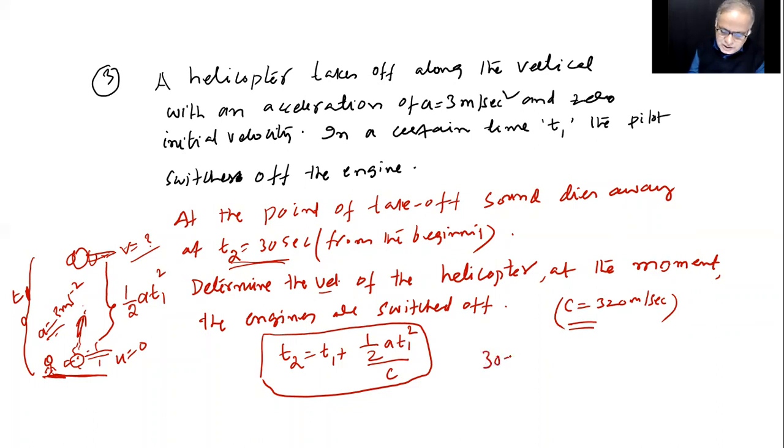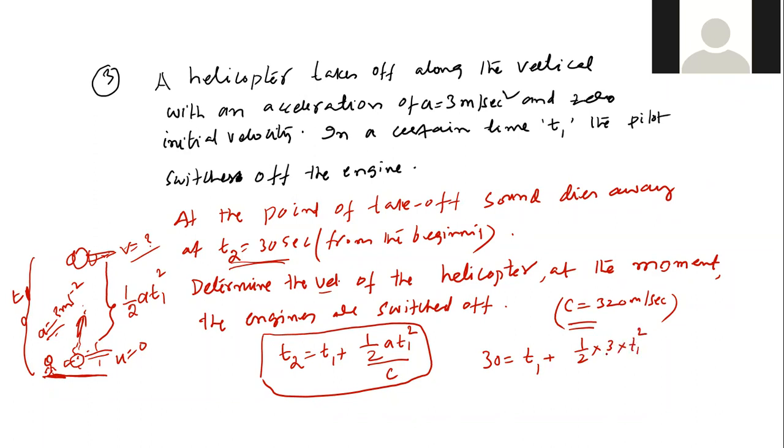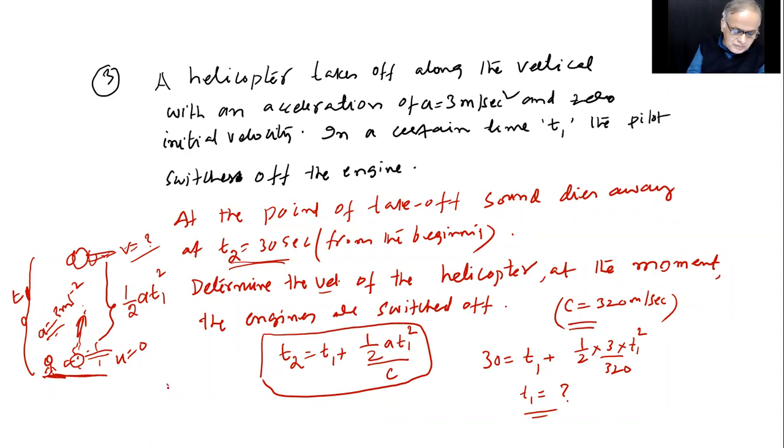So 30 equals T1, which I don't know, plus half into A, which is 3, into T1 square by 320. So you get a quadratic equation in T1. Tell me how much T1 is first. Once T1 is there, the velocity here will be V equals 0 plus A, which is 3, into this T1 you substitute. You get your final answer. That is the question.